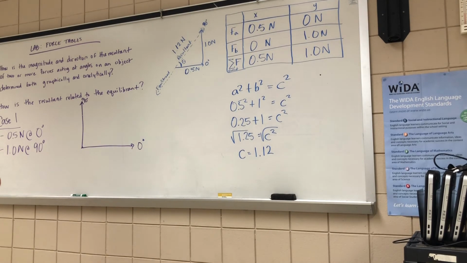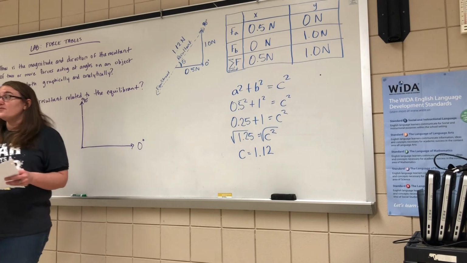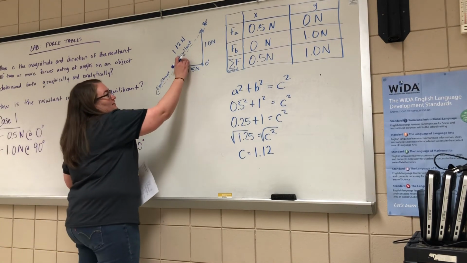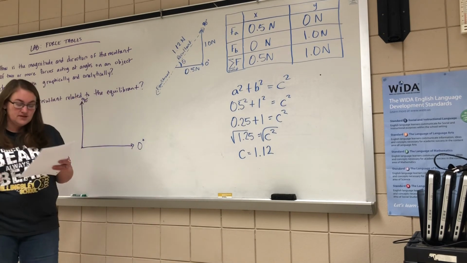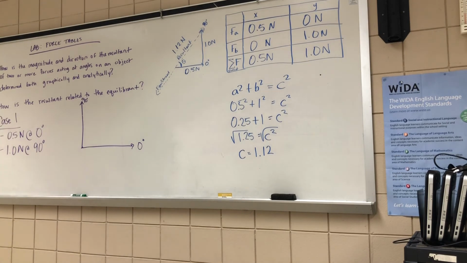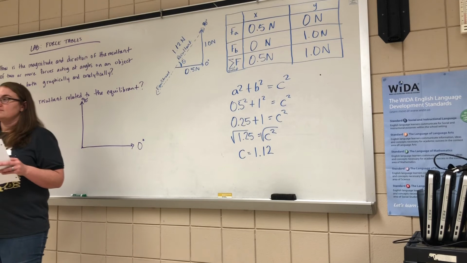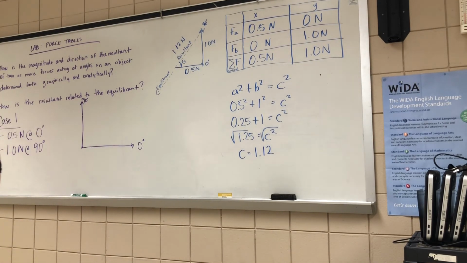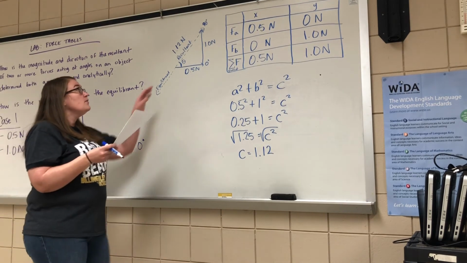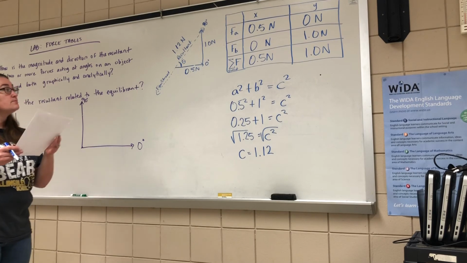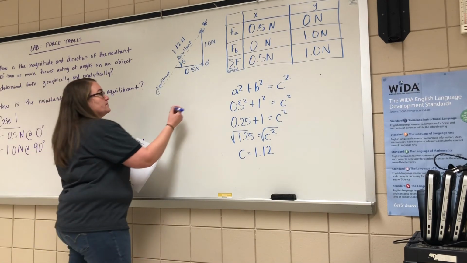Okay, so now let's take it a step further. We need to find theta here. What can we use to find theta? Sine, cosine, or we can even use tangent now because we know what our resultant should be. So let's use tangent.